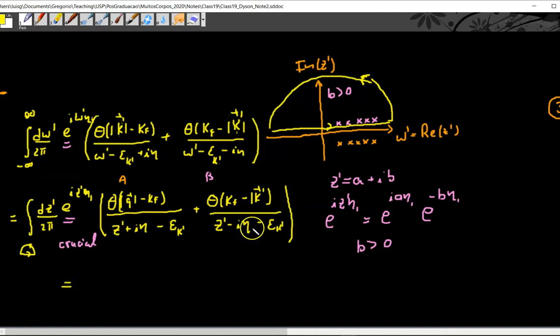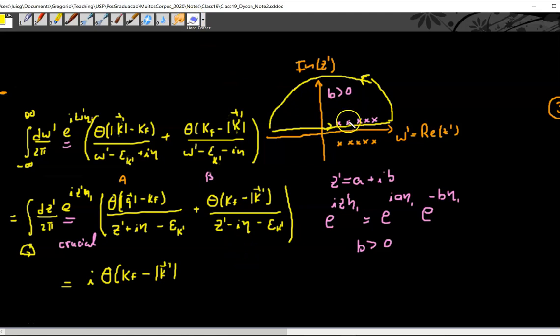The poles, I get I times theta kf minus k prime. Oops, sorry. Which is these terms. Okay. So z minus eta. Actually, well, there's not many poles.